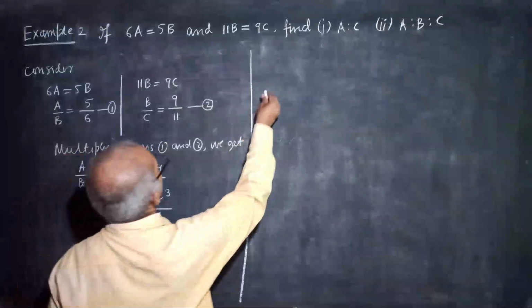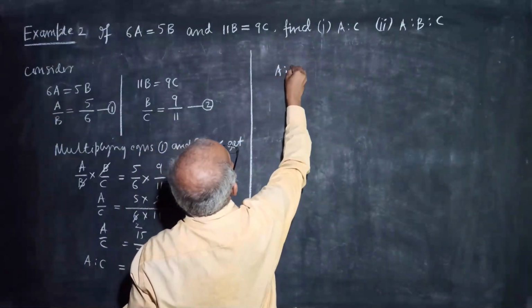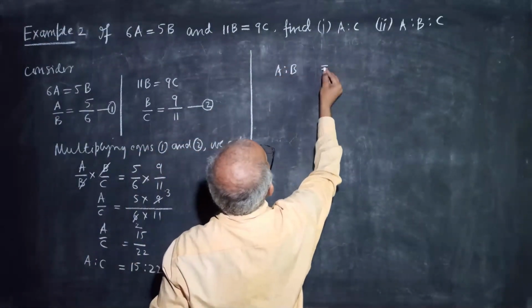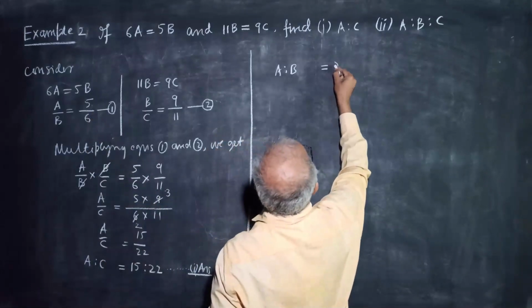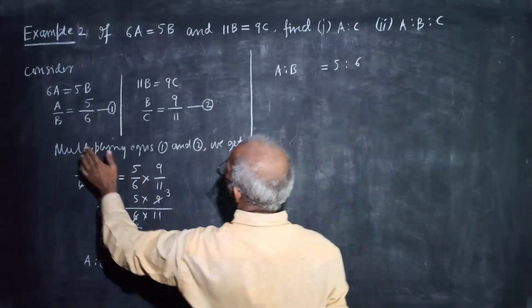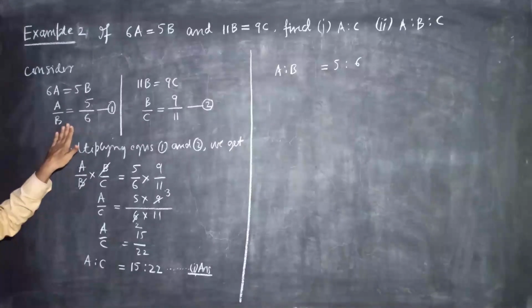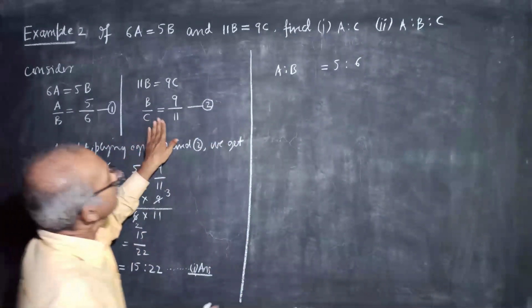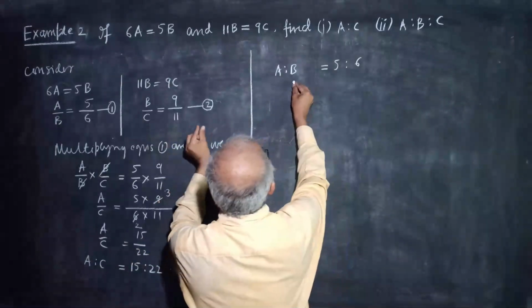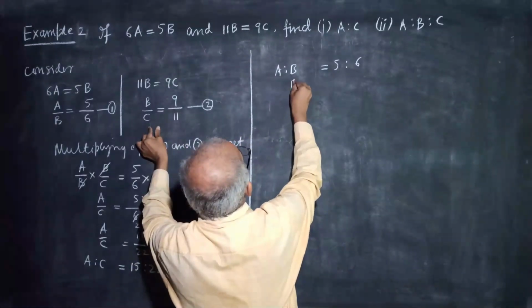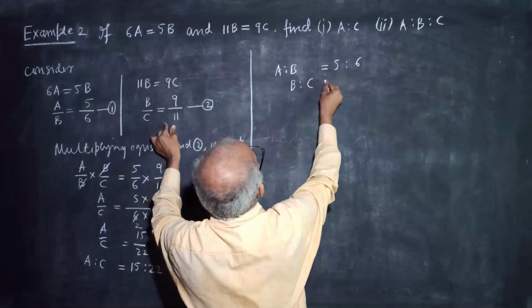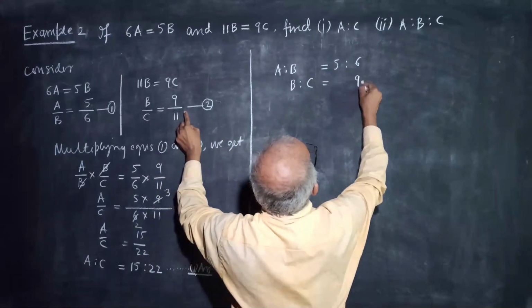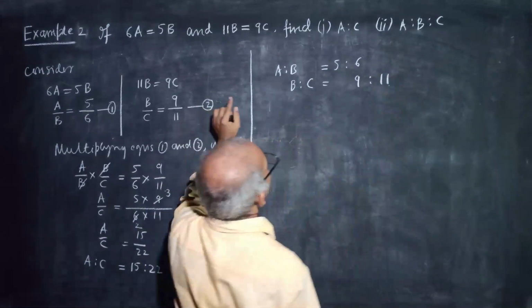Now a is to b is equal to 5 is to 6. This is in fraction form. I am writing in ratio form. Similarly, I will write this also here, but with a slight adjustment. So b is to c is equal to 9 is to 11.